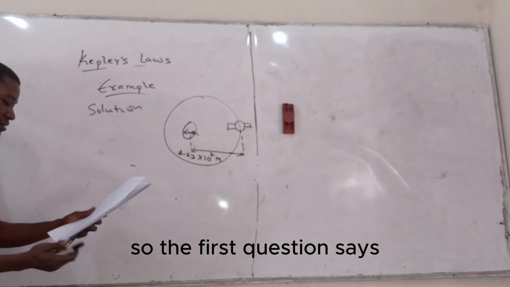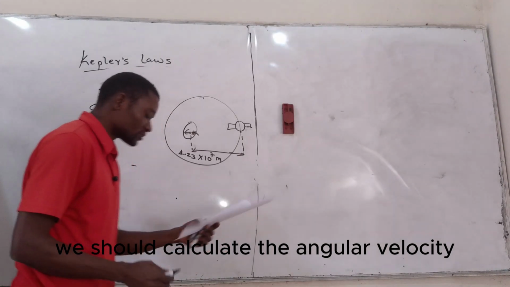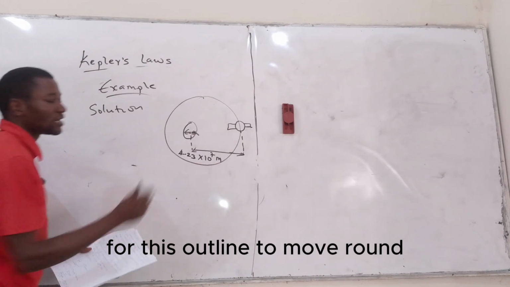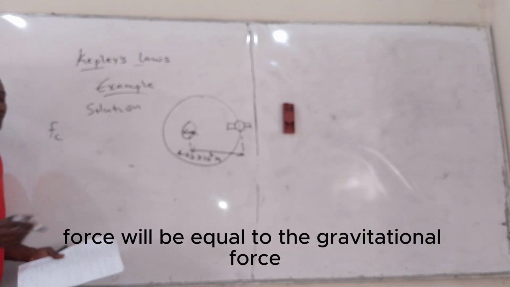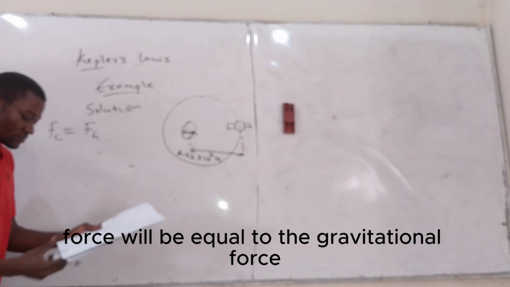So the first question says we should calculate the angular velocity. For this satellite to move around, we say that centripetal force will be equal to the gravitational force.